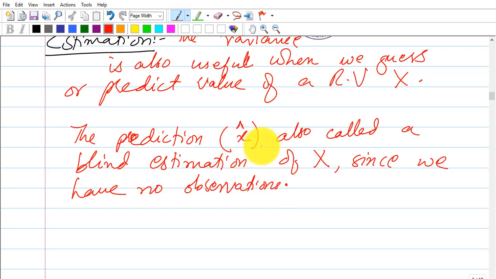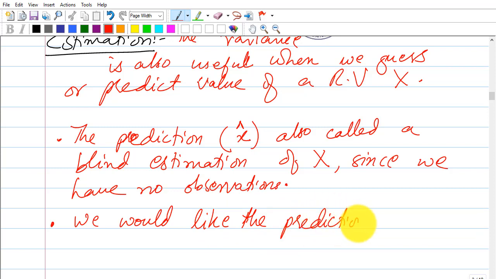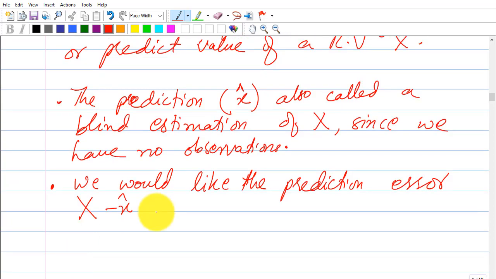So we would like our prediction error. Obviously when we have the prediction, it's not the exact value, so we would like the prediction error, which is x minus x hat, to be small.